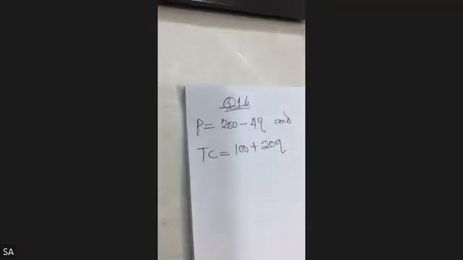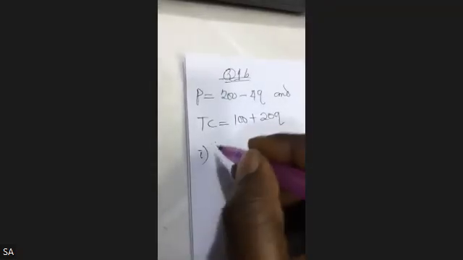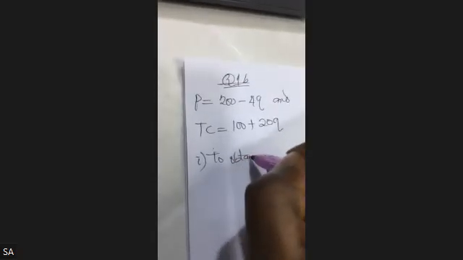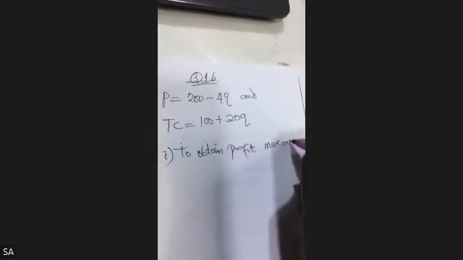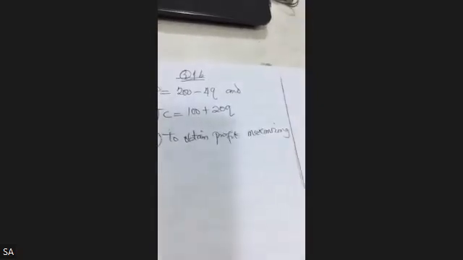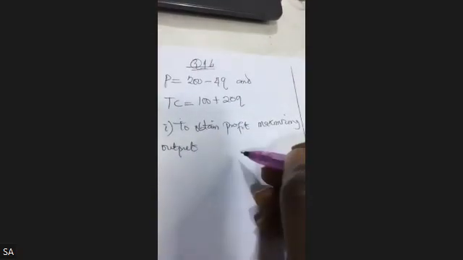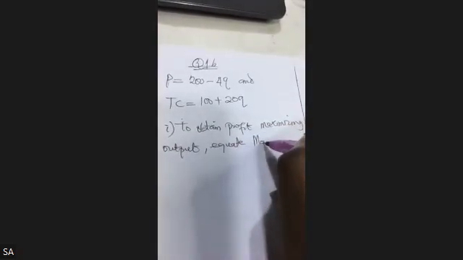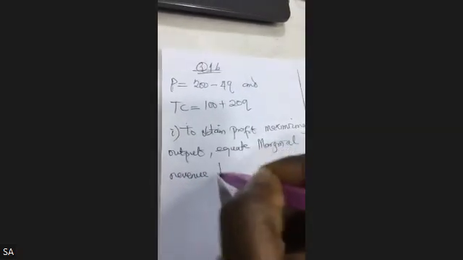I'm going to give you a short note here to understand how to solve it. The first one, Roman figure 1: to obtain profit maximizing output, equate marginal revenue to marginal cost.